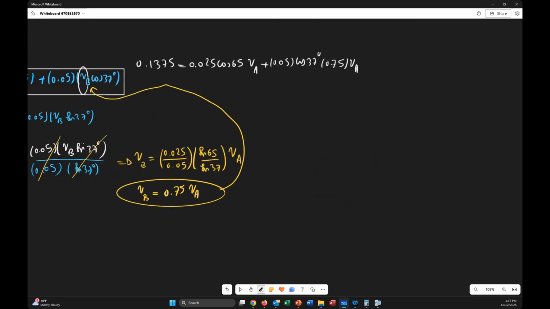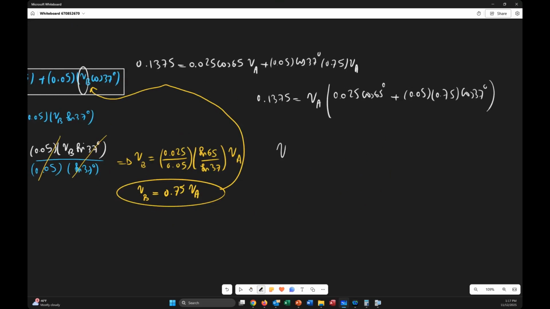It's going to be 0.1375. When you factor VA, it's going to be 0.025 cosine 65 plus 0.05 times 0.75 times cosine 37. Okay?